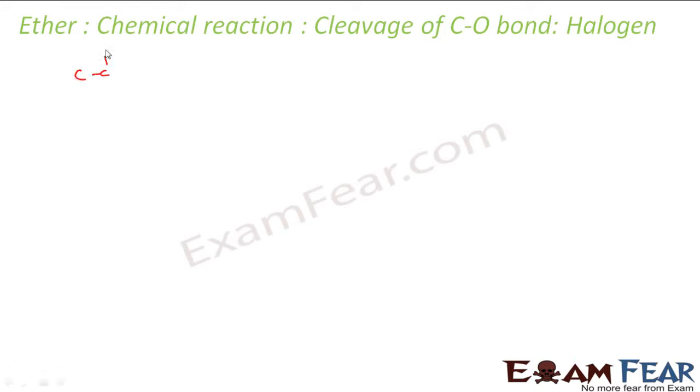But there is an exception to this rule, and this is only for the tertiary one. So if you see this exception here, if I add HI, this is a lone pair here, so it attacks this H plus, correct? So what you get is this O with a positive charge, and there is an H and there is a C. Now there is a rearrangement that happens. The positive charge will go here, right?